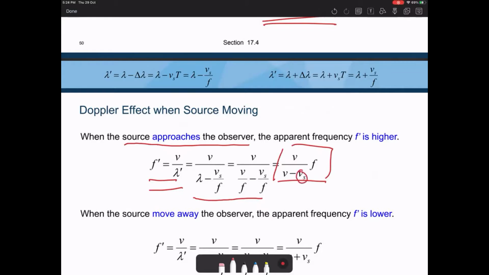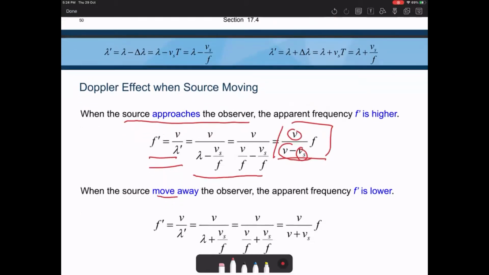That means the term at the bottom is smaller than the term at top. Therefore, there is an increase in the frequency. On the other hand, if the source is moving away from the observer, there would be a decrease of the frequency. So this is how we derive the equation for the source moving away or approaching the observer.